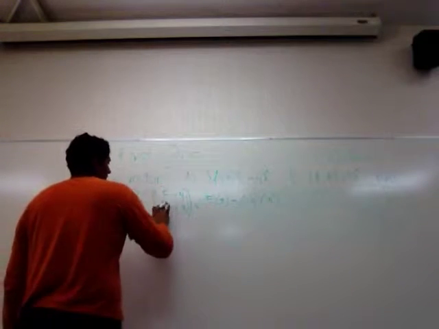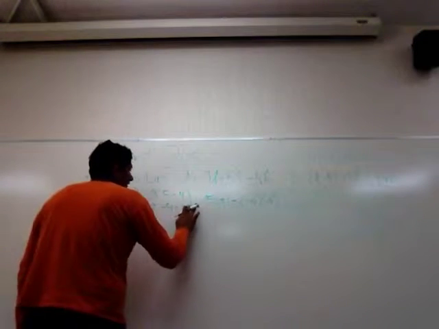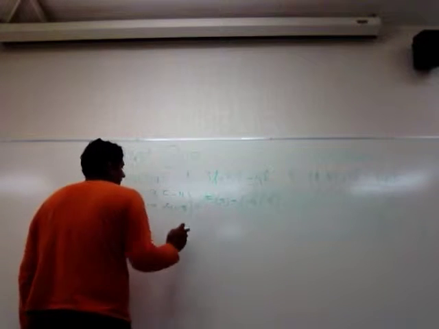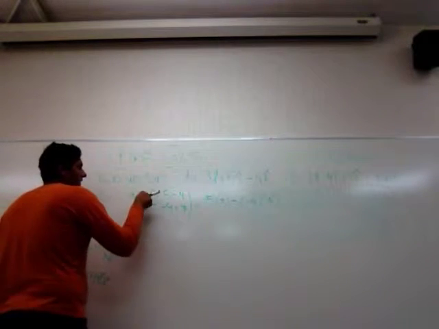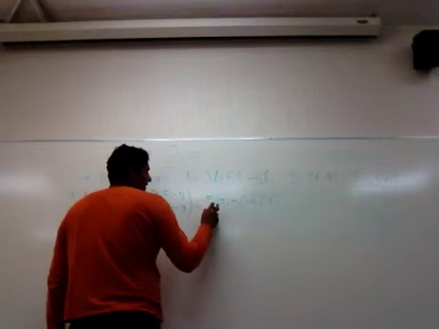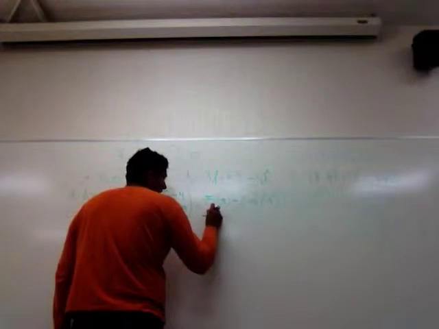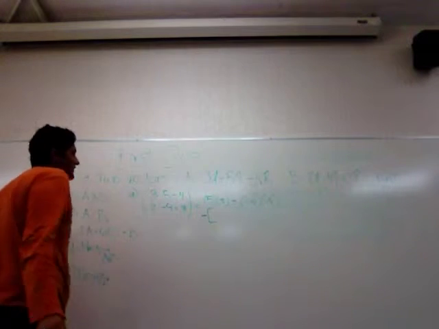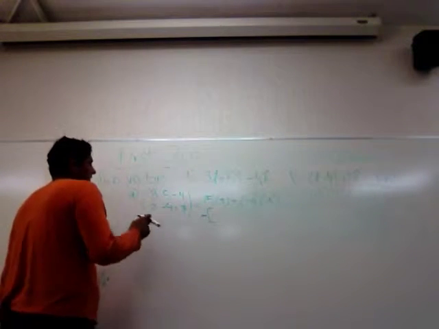Then we are going to take the other numbers. We have to take this one with this one and this one with this one. But we need to first put a minus to change the sign.